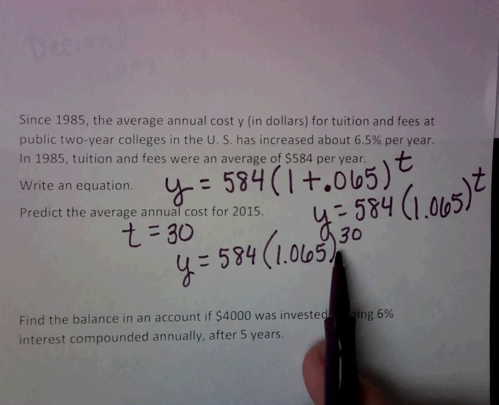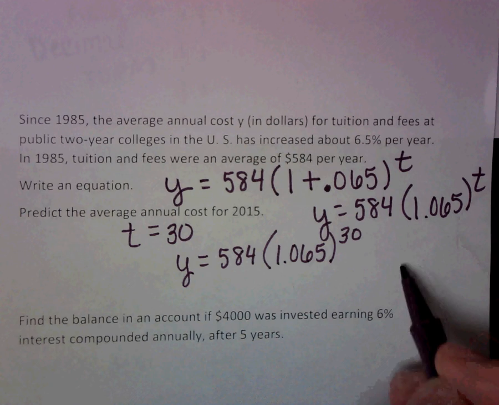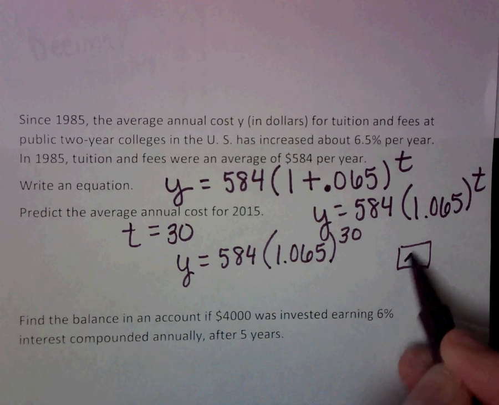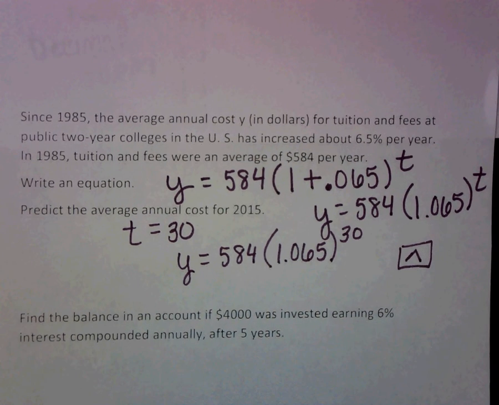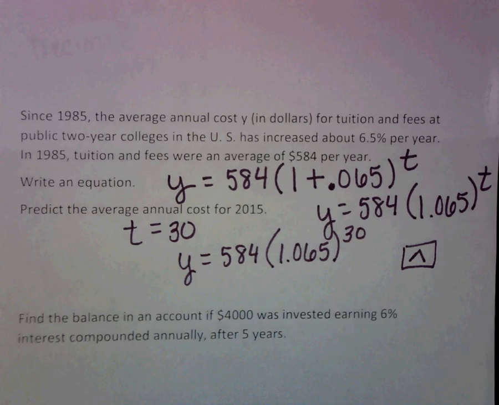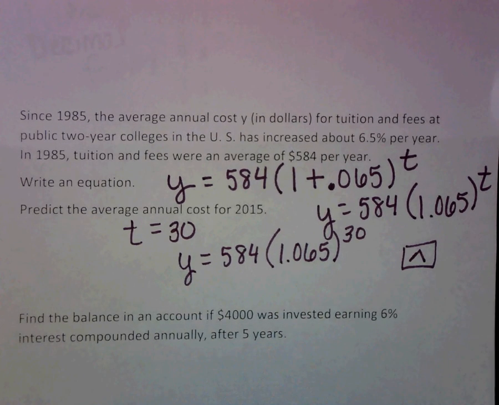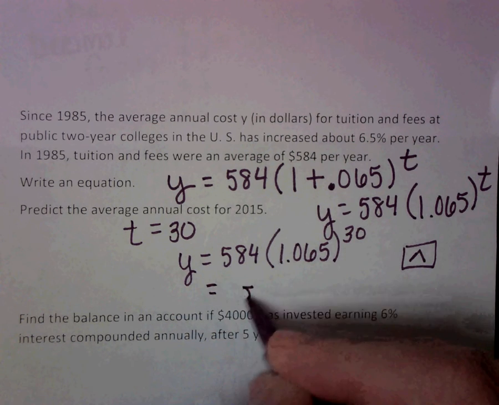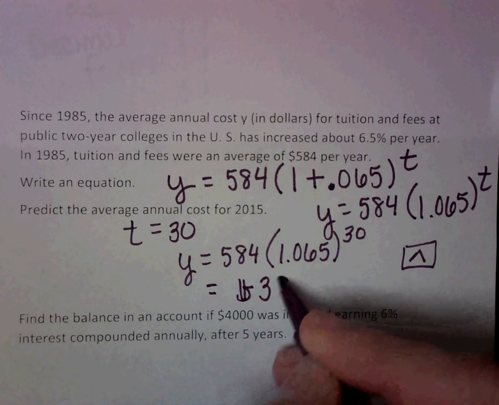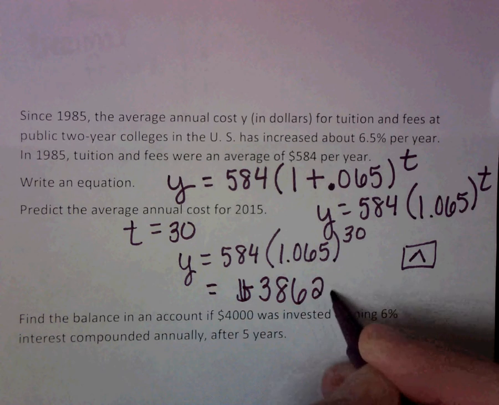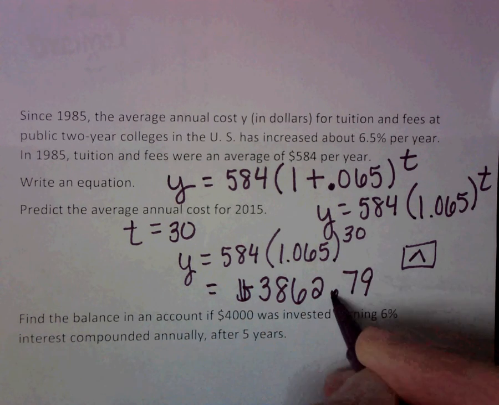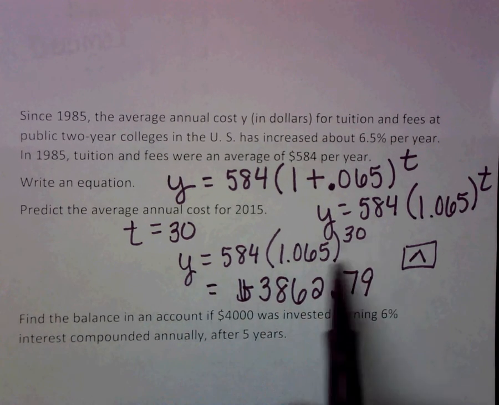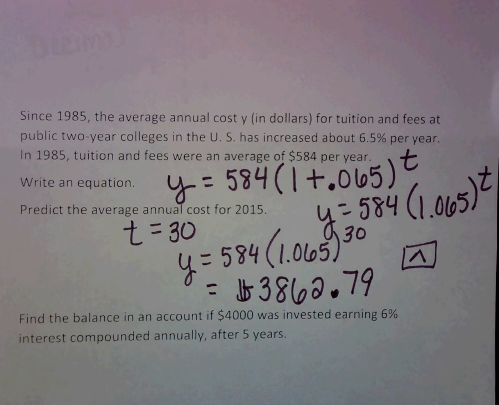Remember, to get exponents higher than 2, we use that little caret key that's next to the x squared key. That's one way, and there are several other ways. So what we find out is the average cost is about $3,862.79. Make sure that you can type that in your calculator and get that as your correct answer.